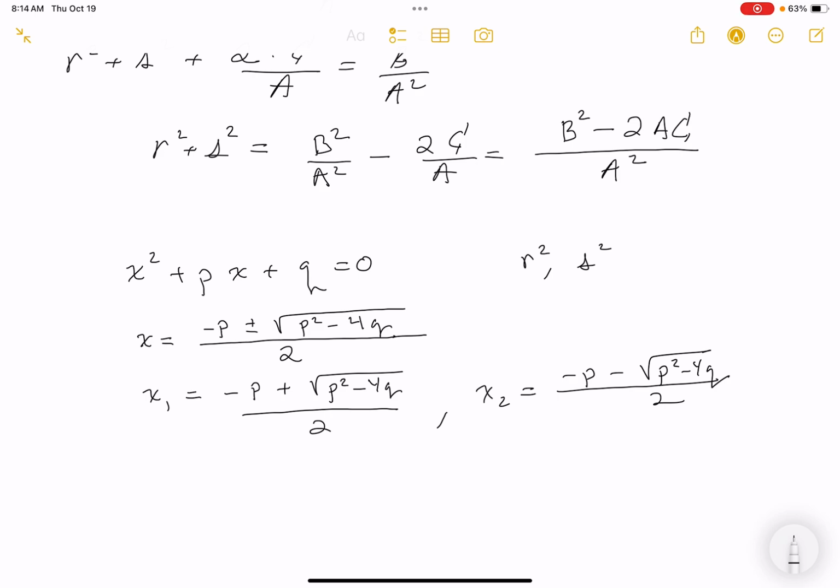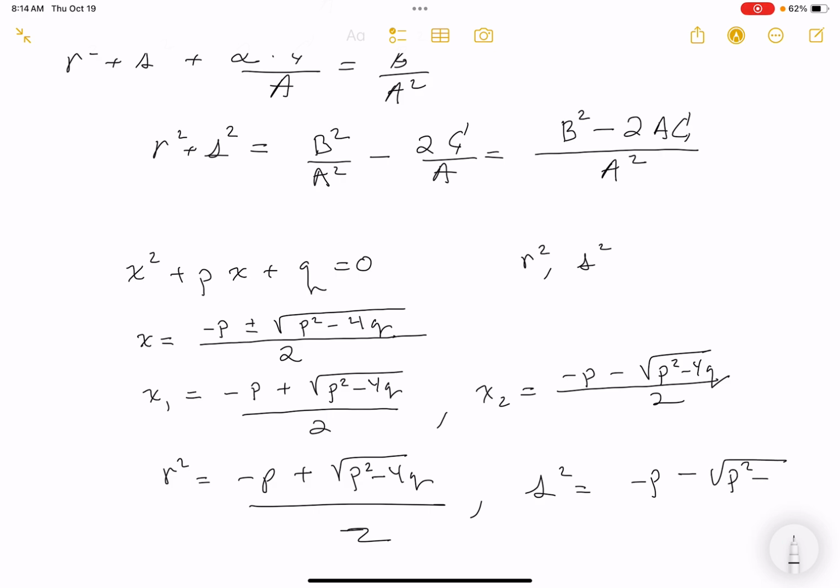They want the roots to be r squared and s squared. So I'm going to say the first one's r squared, and the other one's s squared, and that's going to be minus p minus the square root of p squared minus 4q over 2.